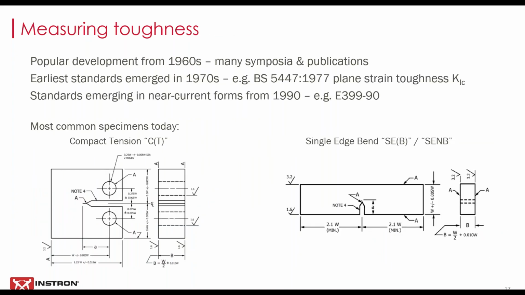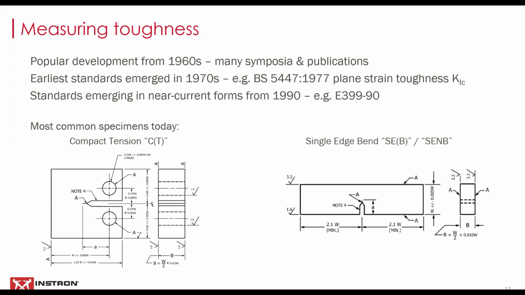Measuring toughness, I'm looking at the time and thinking I'm probably talking too much, so I'm going to skip a little bit. People have been doing toughness experiments heavily since the 1950s, unsurprisingly, and developing repeatable methods was very popular from the 1960s. The earliest standards were international standards, although in this case, a British standard came out in the late 70s.